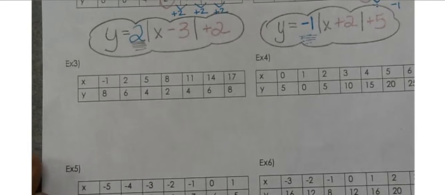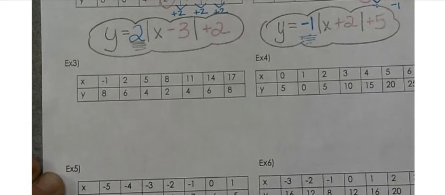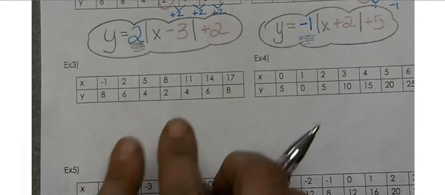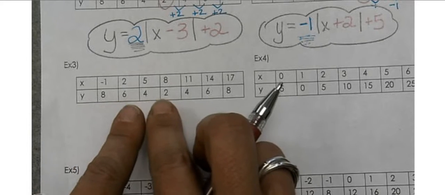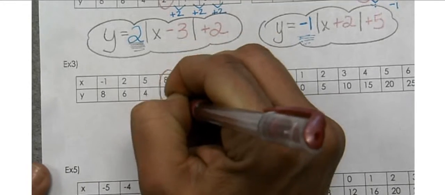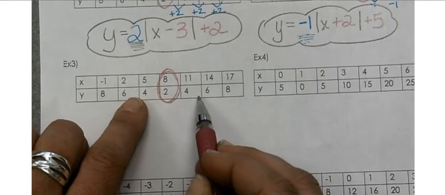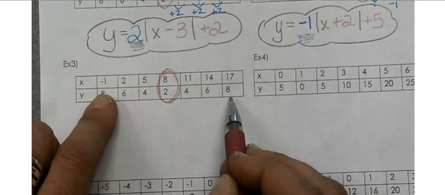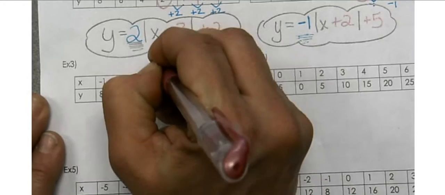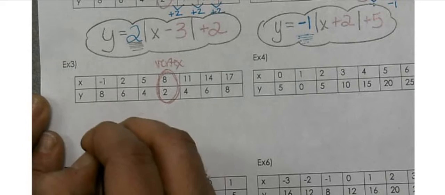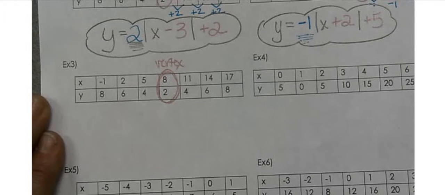Let's look at example 3. We'll do 2 more, and then I'll let you work on your worksheet. In example 3, where is there symmetry in the table? Where do you see y values that are the same on either side? And hopefully you see that here, that the y values are mirrored as we look on both sides. This is our vertex. And remember, we can place that vertex in the equation. Maybe we'll wait for this one and put it all in at the end.